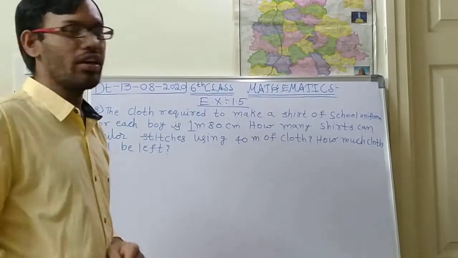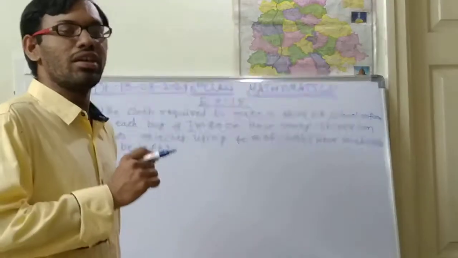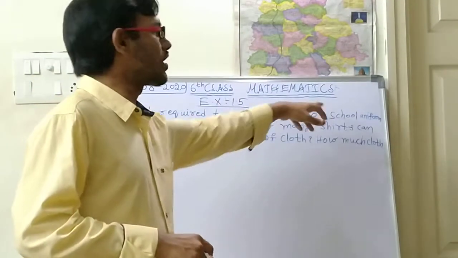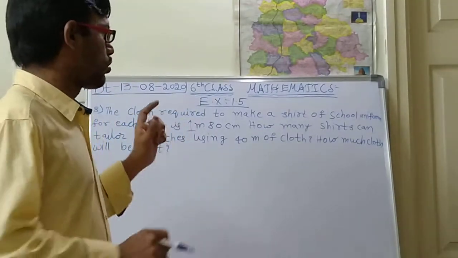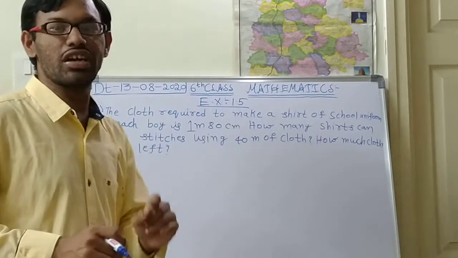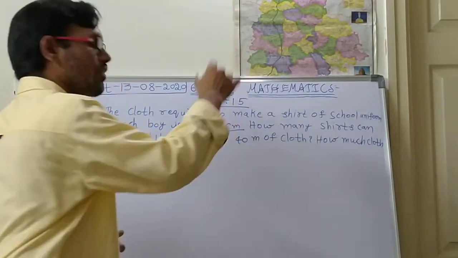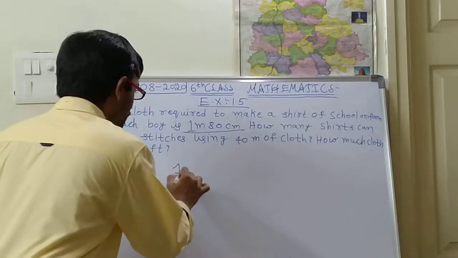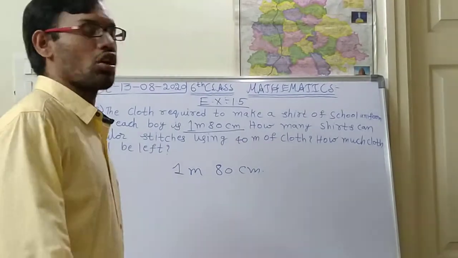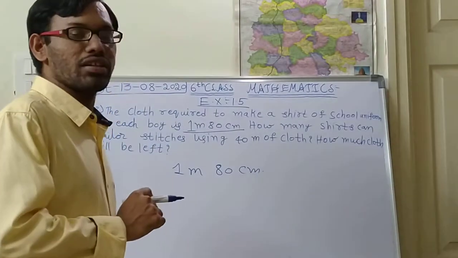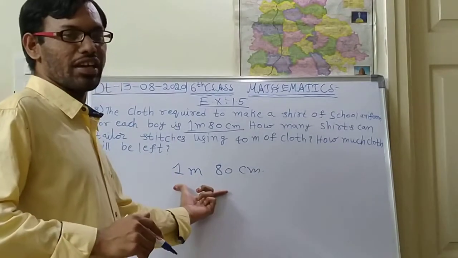To stitch one shirt of a school uniform, the tailor needs 1 meter 80 centimeters of cloth.